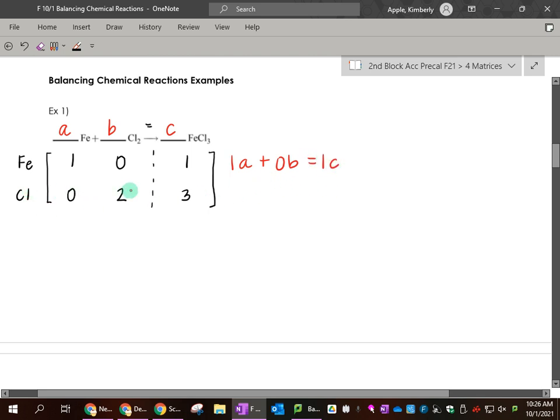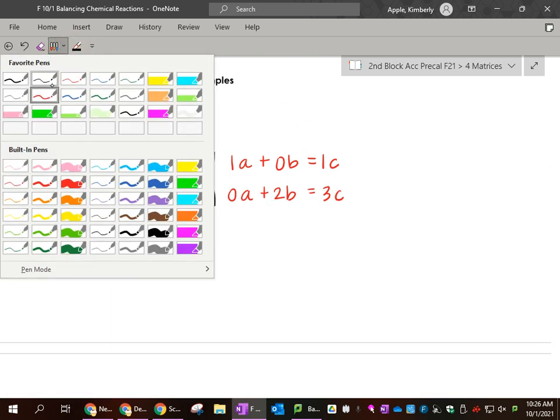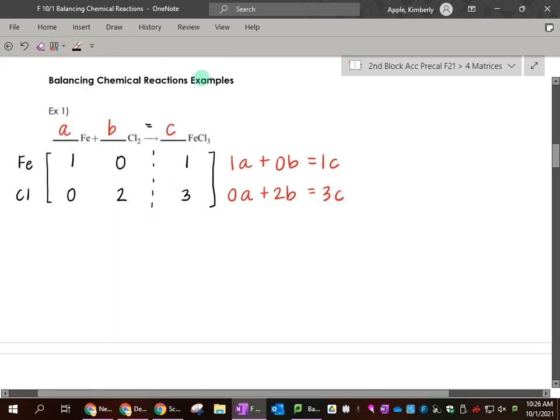And this second equation for the chlorines, because we're writing one equation for the irons and one equation for the chlorines, will be 0A plus 2B equals 3C. And by the example I just showed you, we remember from yesterday, all the variables have to be on the left. So we're going to rewrite them accordingly so that we can use the matrix and reduced row echelon form, because it's easy. So this would actually be simplifying. It'd be A minus C equals 0.